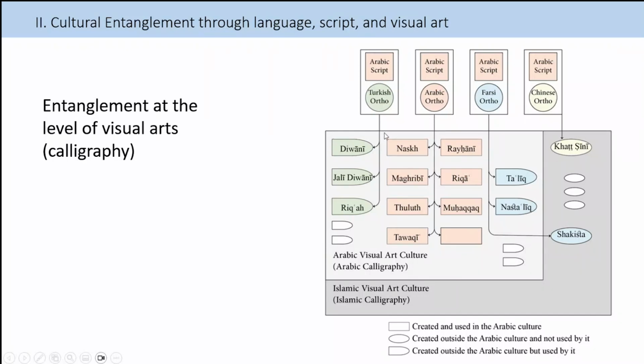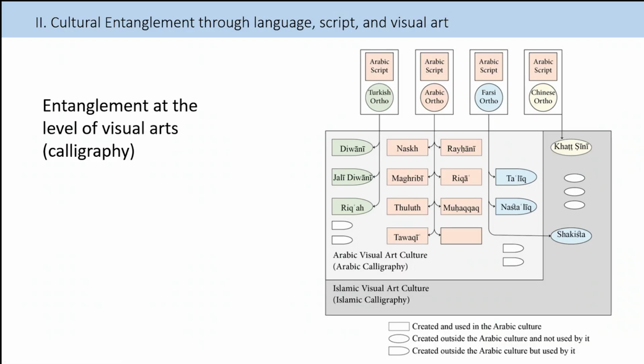In the Turkish case, Turkish calligraphers invented the Diwani, Jali Diwani, and Riqa fonts. And in the Chinese case, there is what we call Khat Sini.